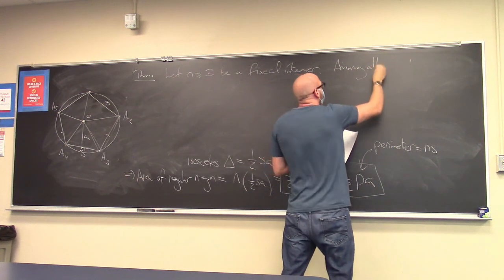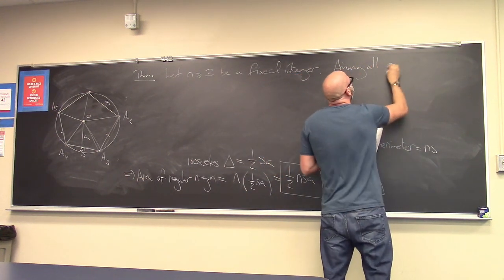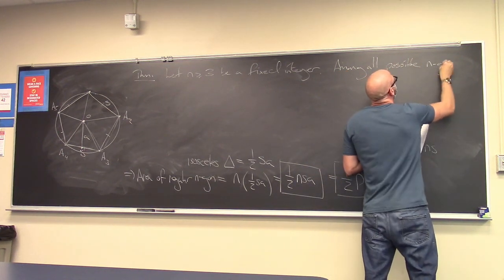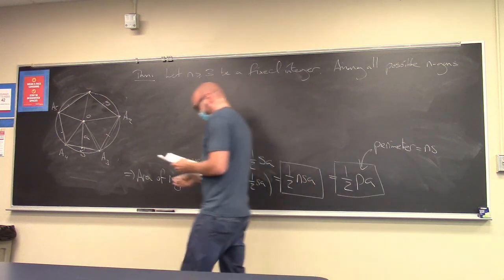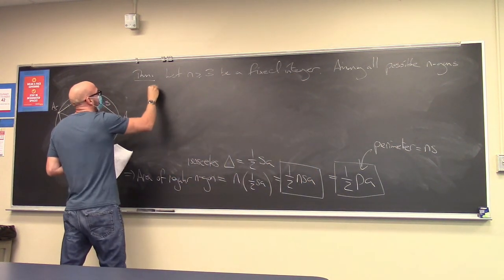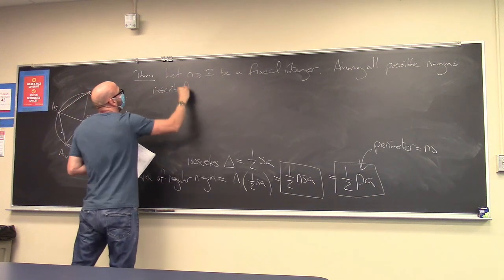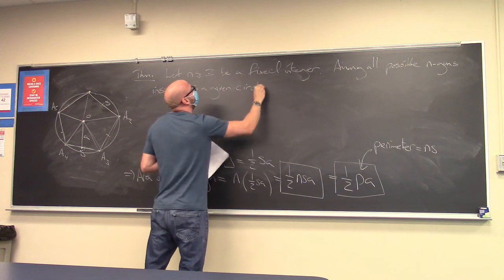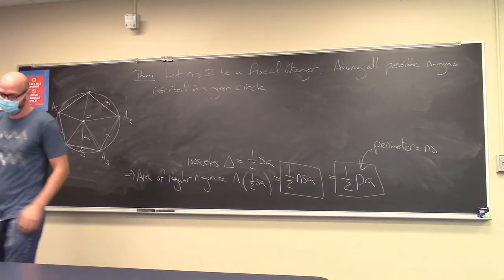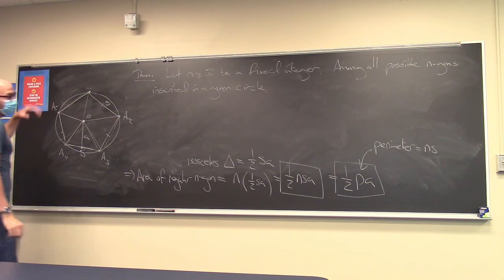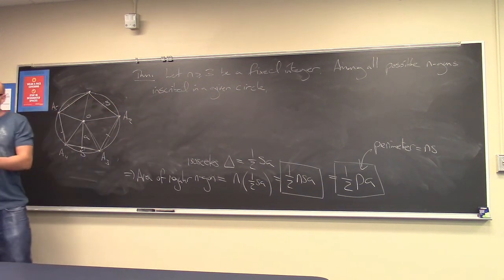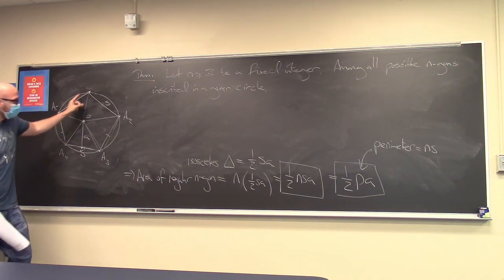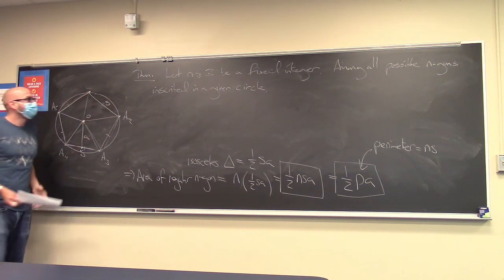Among all possible n-gons inscribed in a given circle. All right, so I'm fixing n. When I talk about all possible n-gons, I mean with a fixed n. So maybe all possible pentagons. All right, so we're looking at all possible pentagons you can ever inscribe in a given fixed circle.